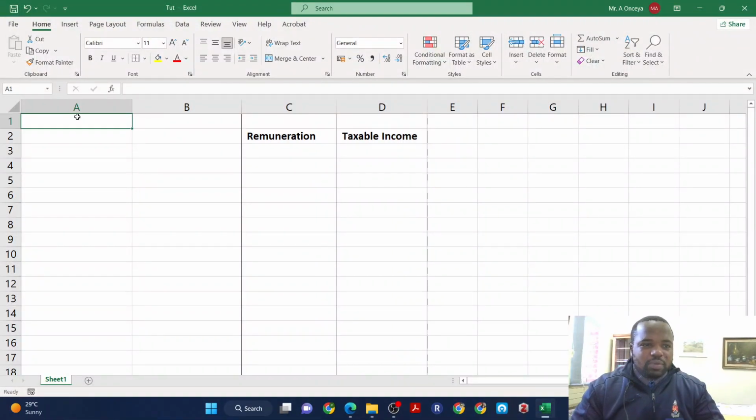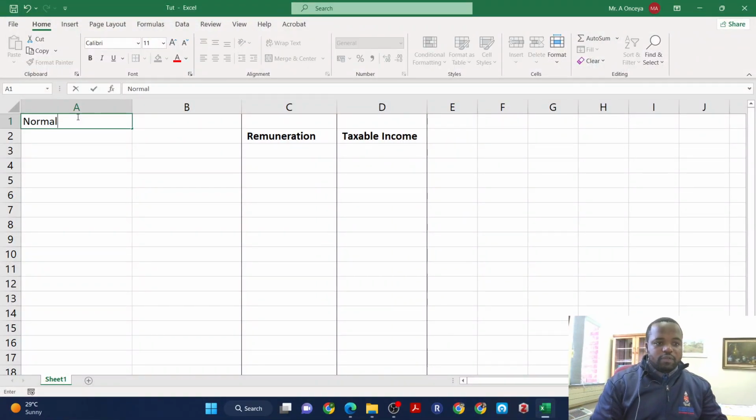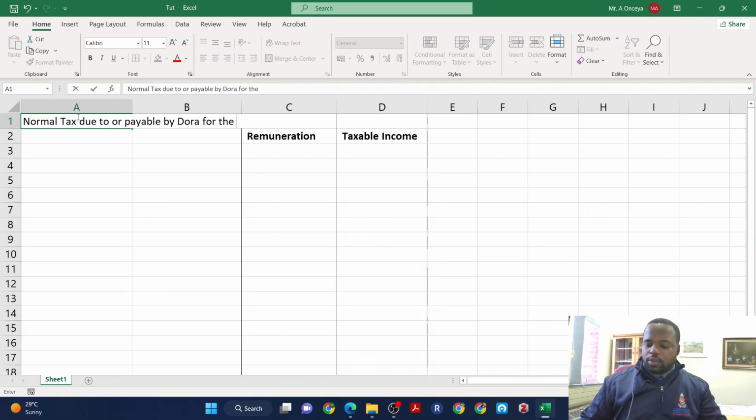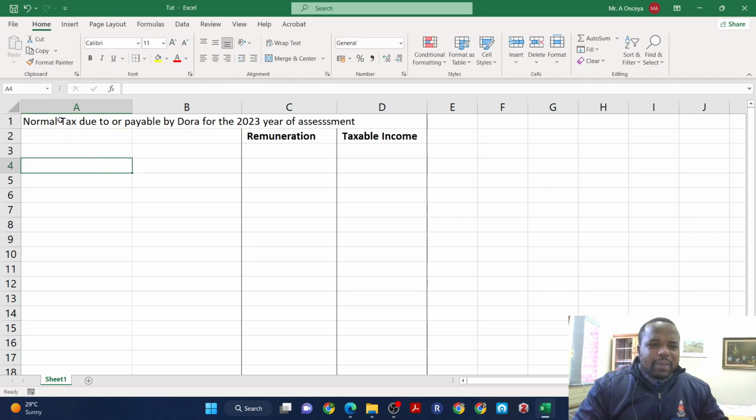But for us, we really don't need to do that. We just need to account for the normal tax implications payable by Dora for the 2023 year of assessment.